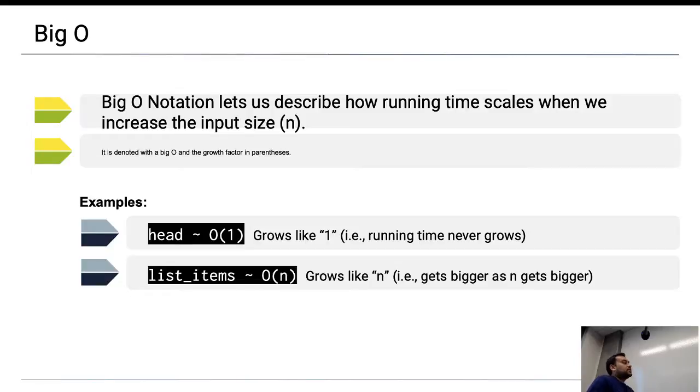All right, the second one, ON. Any idea what ON means? Looking at O1? For any number? For any number, but what number? Size of the input, right? Any number or the size of the input.